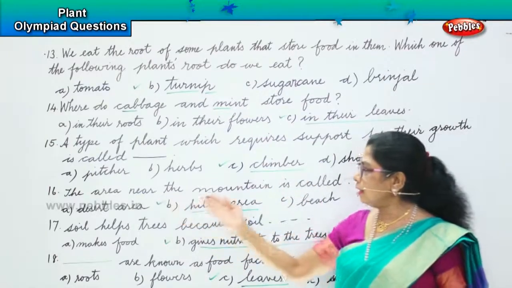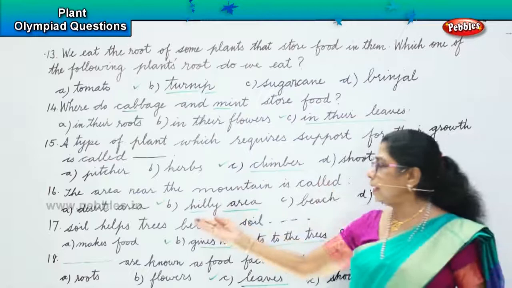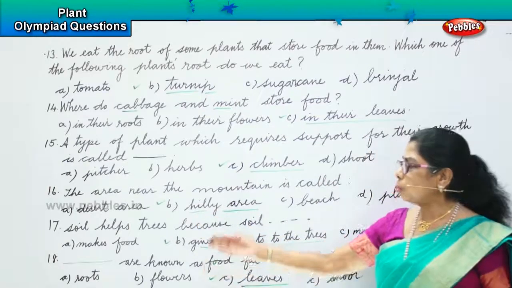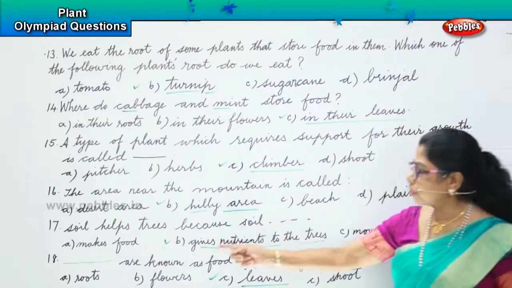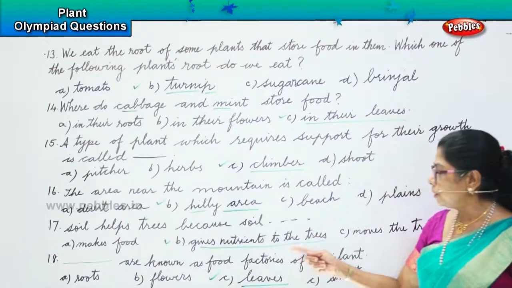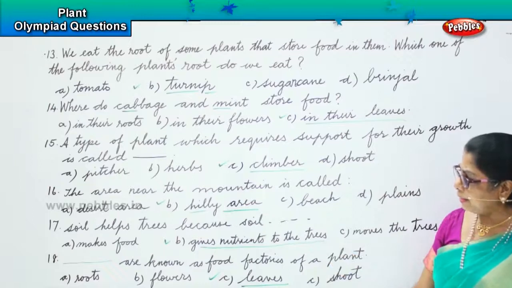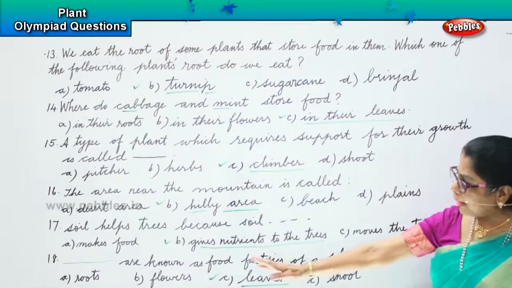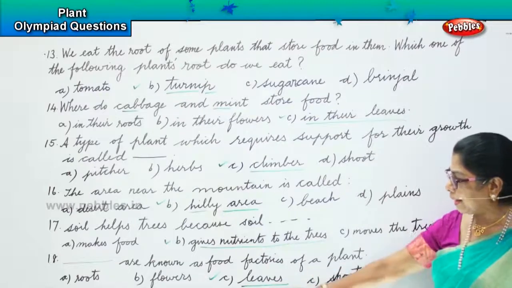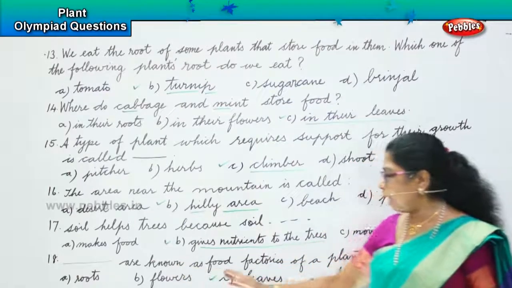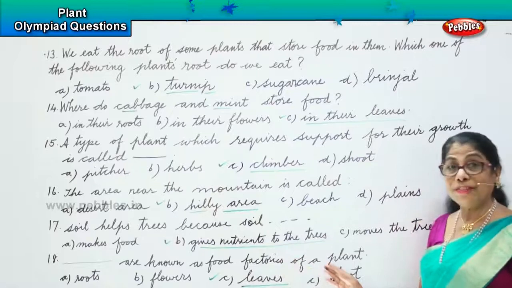The area near the mountain is called a hilly area. Soil helps trees because soil gives nutrients to the trees. And finally, the last question. Dash are known as food factories of a plant. What is that? Leaves are known as food factories of plants.